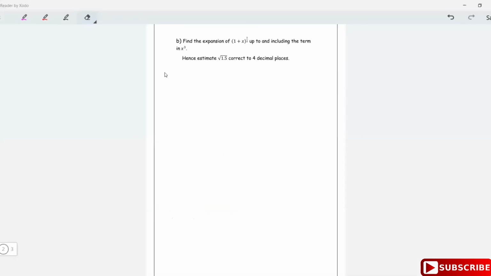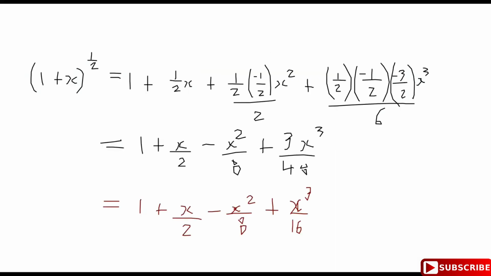That all of this, 1 plus x to the half power, remember, means square rooted. So we can write now that the square root of 1 plus x, we found that it is 1 plus what? It is 1 plus x over 2 minus x squared over 8.